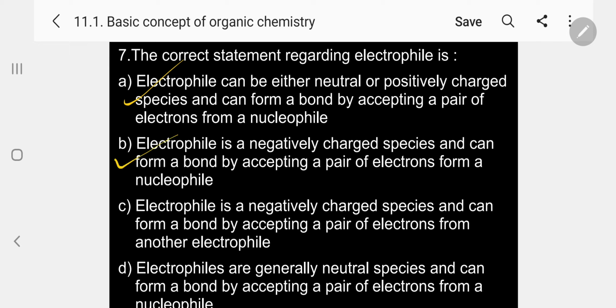B. Electrophile is a negatively charged species and can form a bond by accepting a pair of electrons from a nucleophile. C. Electrophile is a negatively charged species and can form a bond by accepting a pair of electrons from another electrophile. D. Electrophiles are generally neutral species and can form a bond by accepting a pair of electrons from a nucleophile.